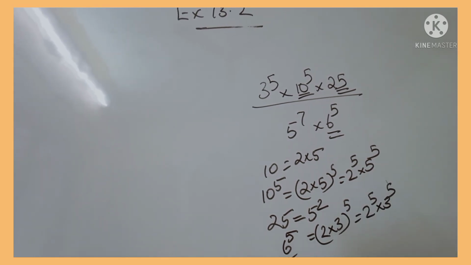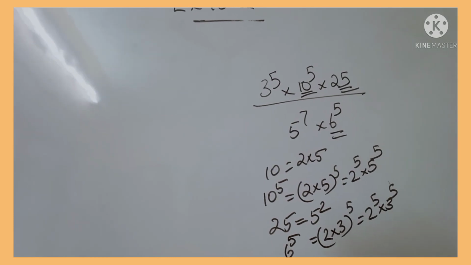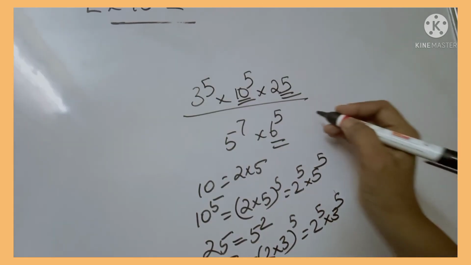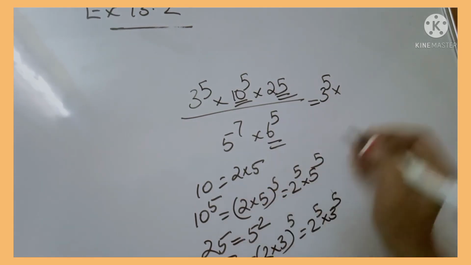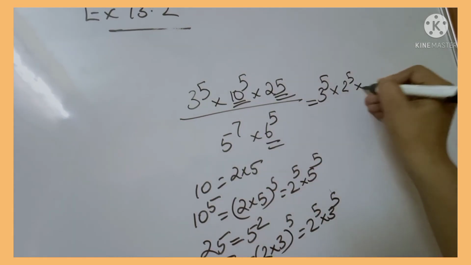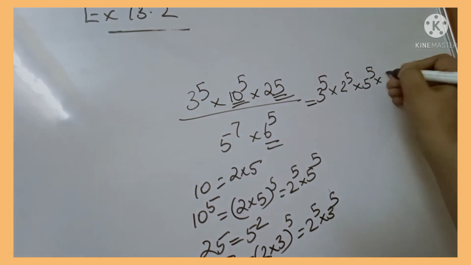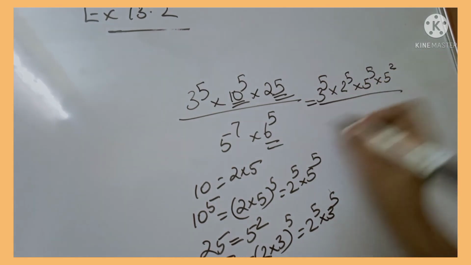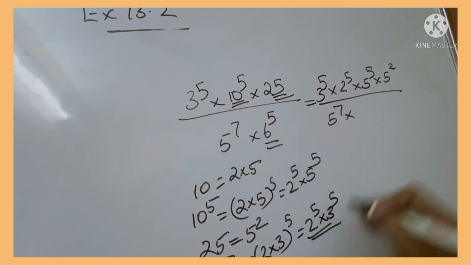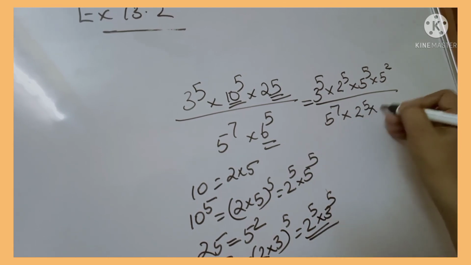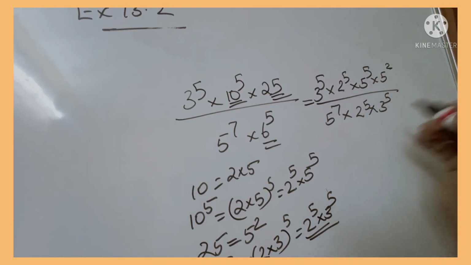Then apply all these in the question. So this can be written as 3 raised to 5 into 10 raised to 5, which is 2 raised to 5 into 5 raised to 5, into 5 square, that is 25, by 5 raised to 7 into 6 raised to 5, what is it? 2 raised to 5 into 3 raised to 5.